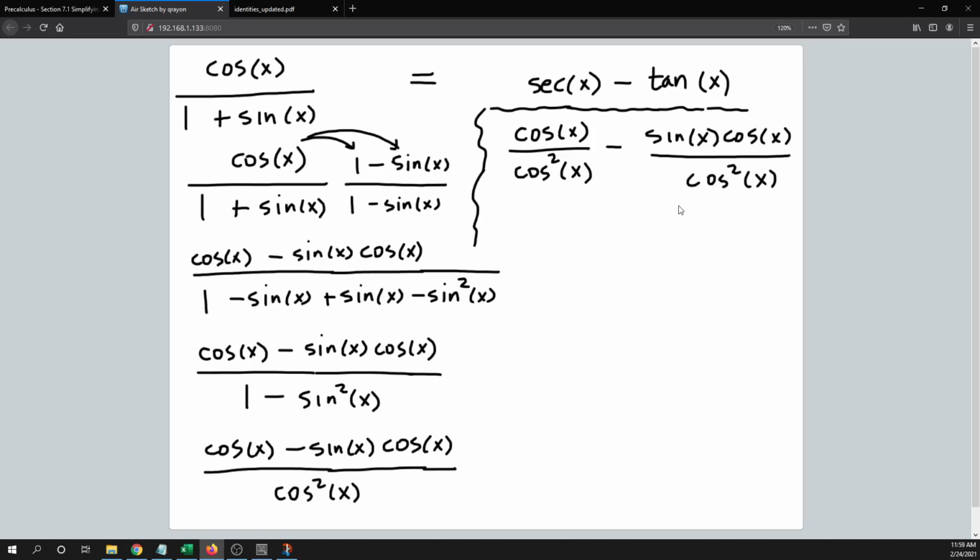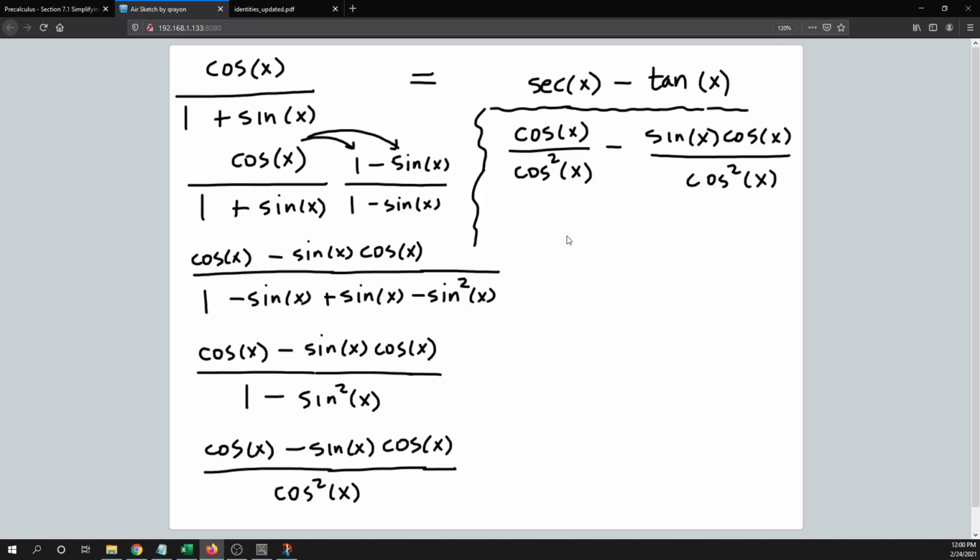Now what I've got is some common factors between the numerator and denominator. Here I have cosine x, here I have cosine squared x, which is basically cosine x times cosine x. So I can cancel out that common factor of cosine x in this fraction.